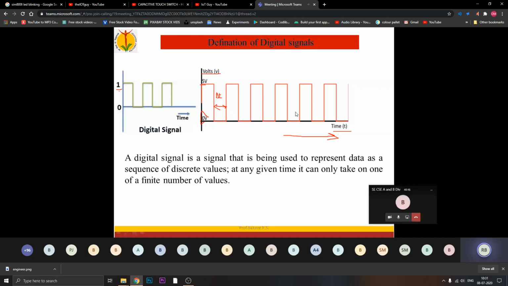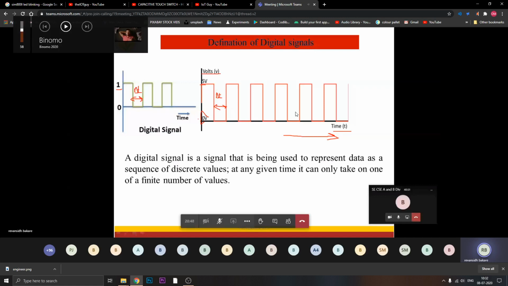The definition is the same, but the first I defined in terms of voltage, and the second in terms of number. 1 is equivalent to 5 volt, and 0 is equivalent to 0 volt.